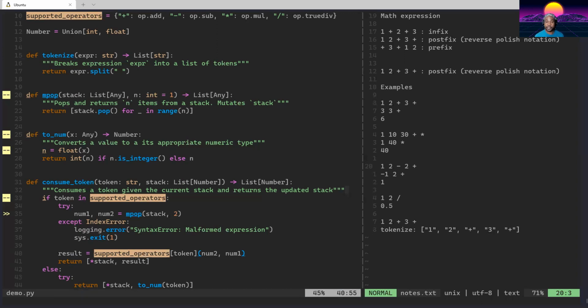So might as well just have them in a way that indicates that it matters, right? And so the second number that we pop off should be the first number that we apply. So in that case, we would pop 2 off.